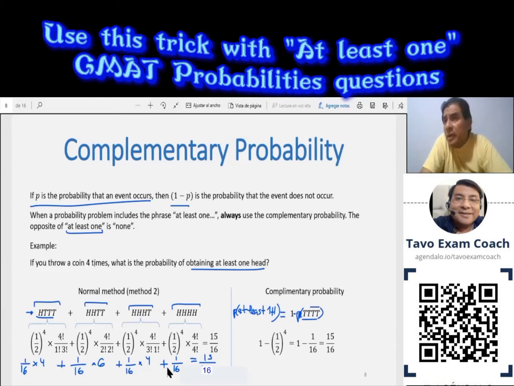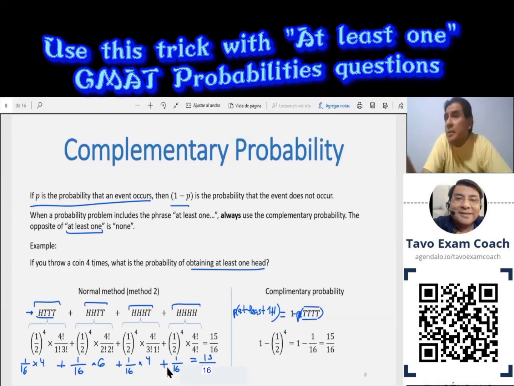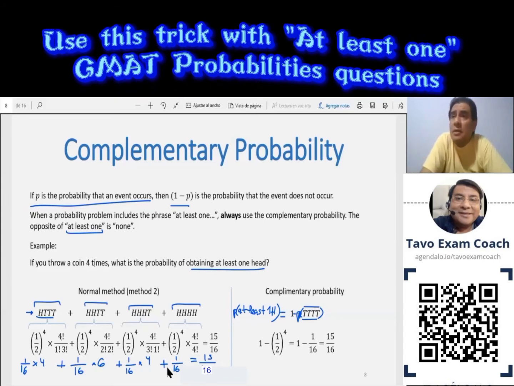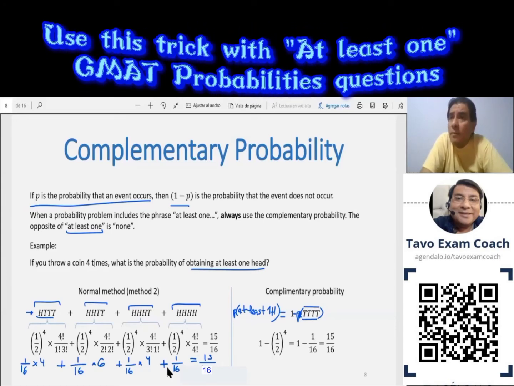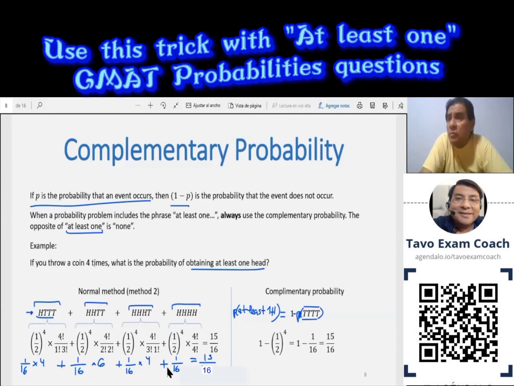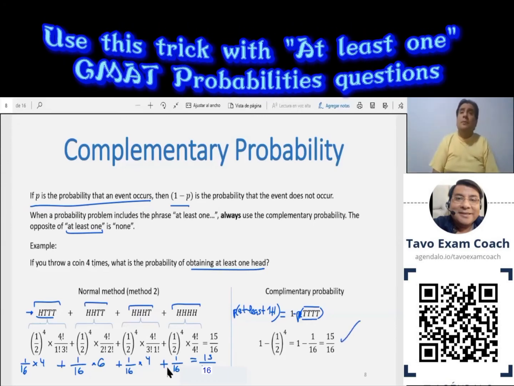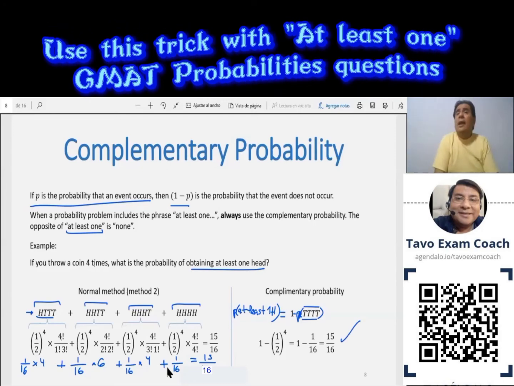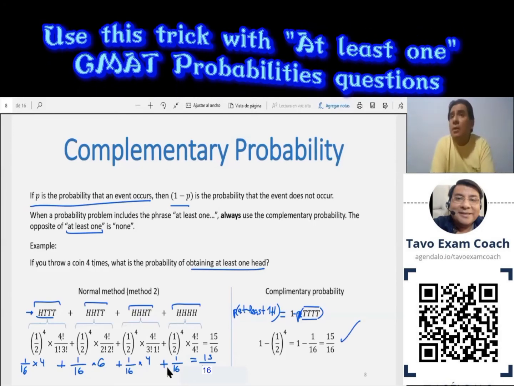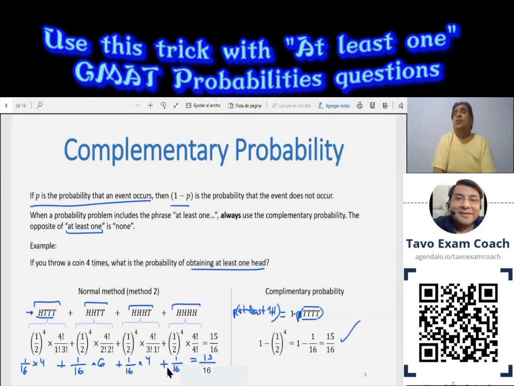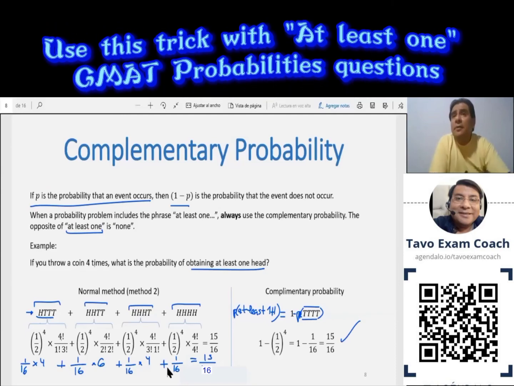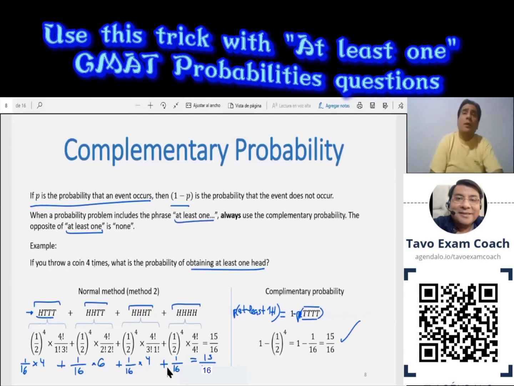And since the 4 letters can be rearranged in just one manner, because all the letters are equal, it's just 1 minus 1/16, which gives you directly 15/16. So this method is really time saving. It's ideal to shorten the time when you have the concept of "at least one" in a question.